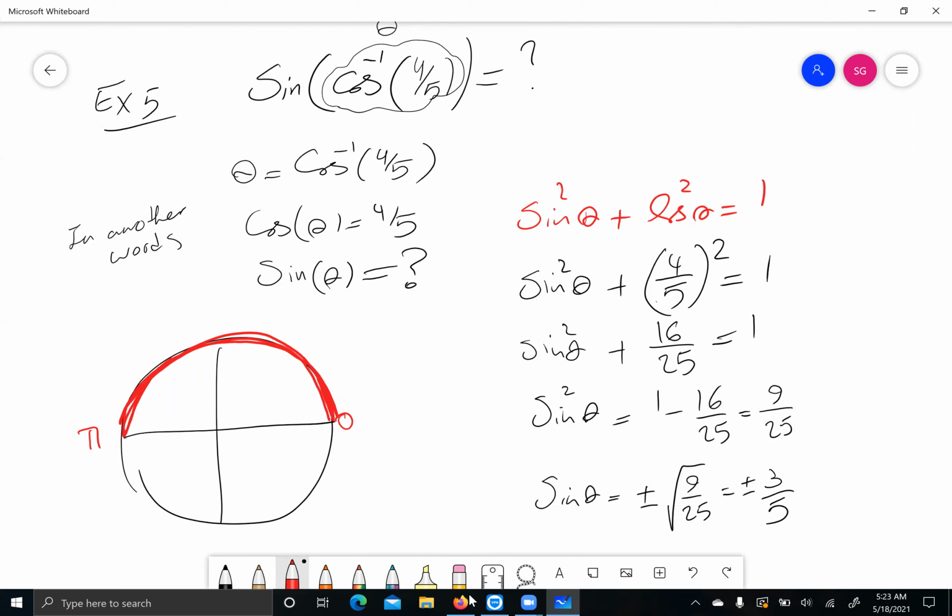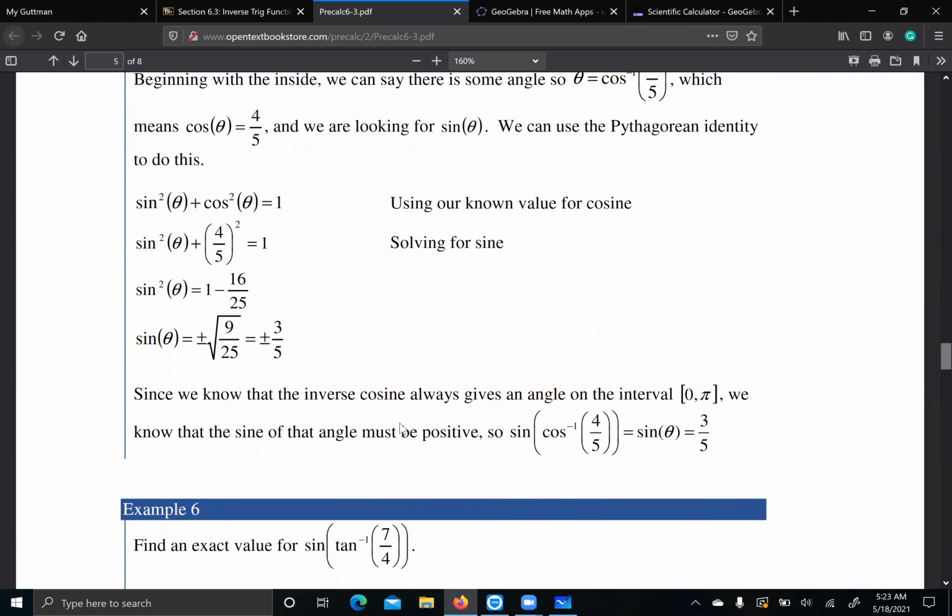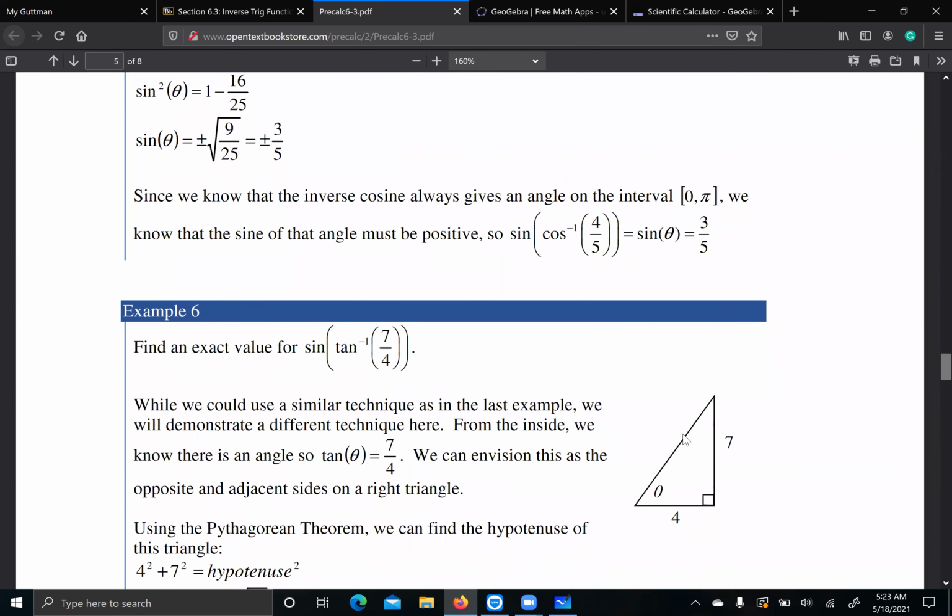So sine is positive, and I cannot accept the negative one. So the answer is the positive 3 over 5. Why? Because sine, the height, is positive for any value between 0 and pi, and the range of cosine inverse is 0 to pi. Okay? So the answer is 3 over 5.